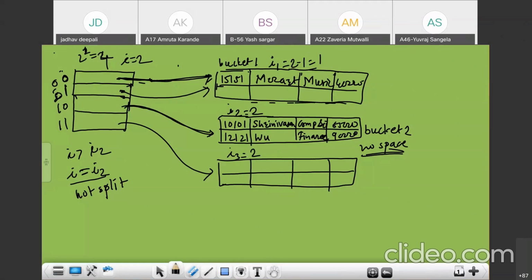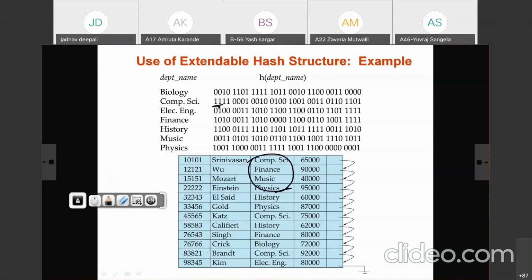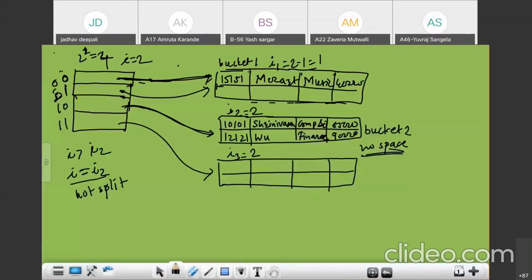Correct? For that, what do we need to do? Again, we check whether the previous records are in the correct position or not. Srinivasan, computer science. For computer science, the first 2 bits, I is equal to 2, are 1, 1. Where do we need to add computer science now? Again, reorganization of records is required.